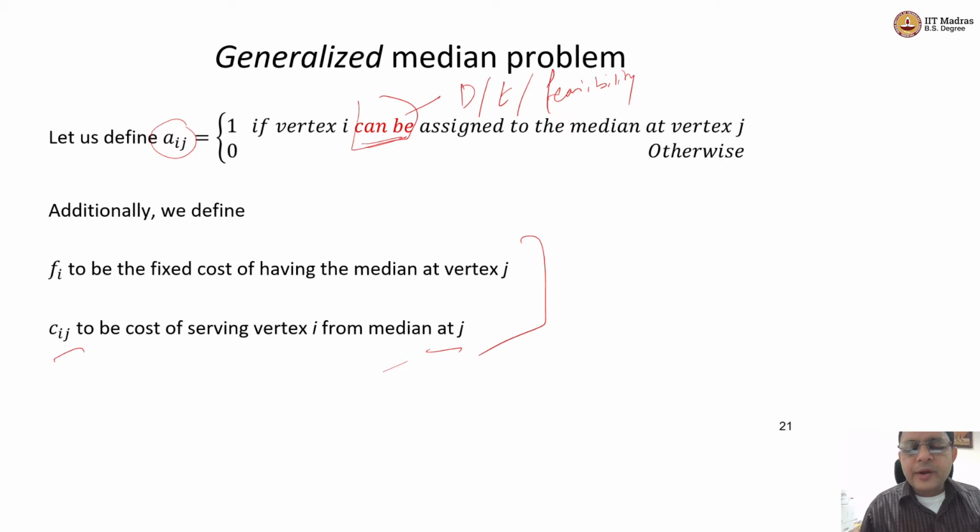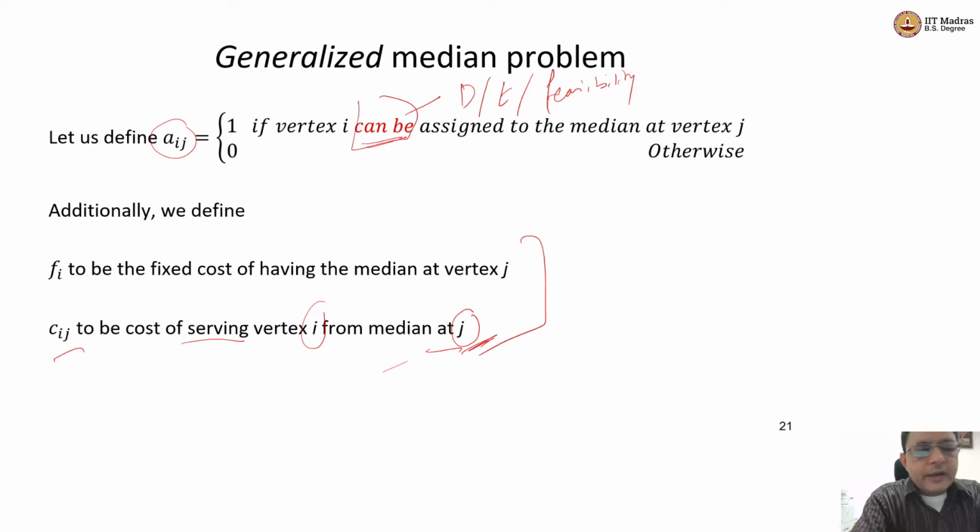Let us say that I locate a warehouse at j. What is the cost of serving the customer who is sitting at node i? For example, if you are in Mumbai, and your warehouse is located somewhere in Navi Mumbai, what is the cost of serving the customer who is located in Andheri? So that's the cost.